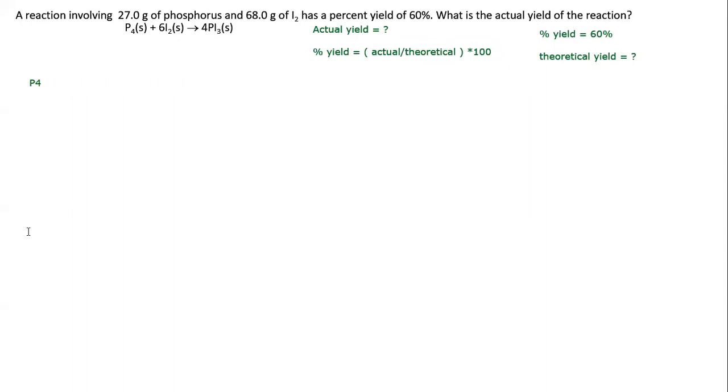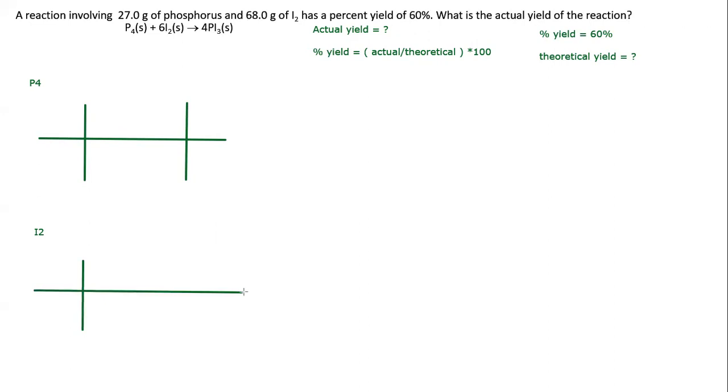One for phosphorus, one for iodine, then of course this train track over here.